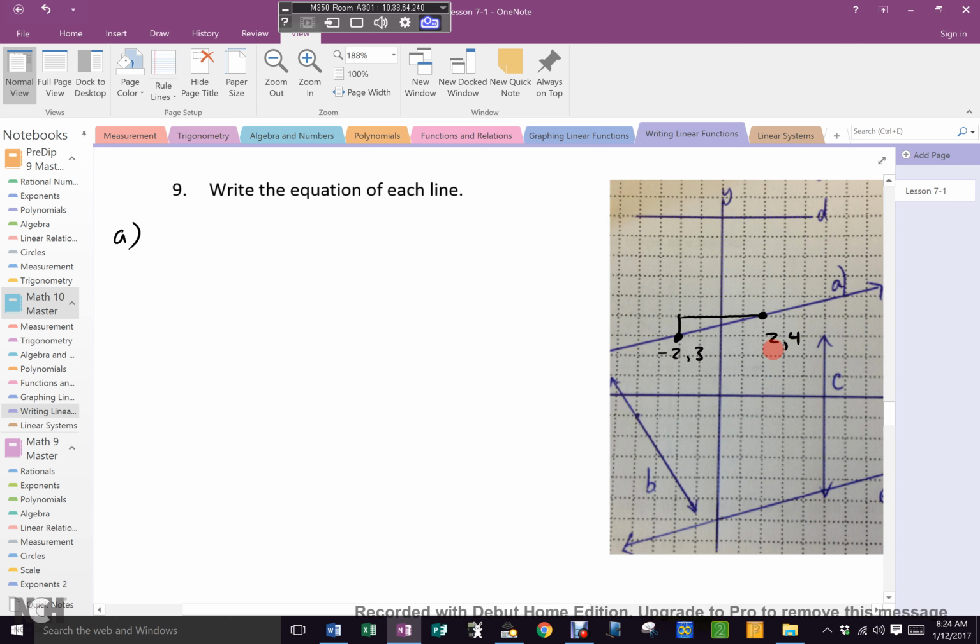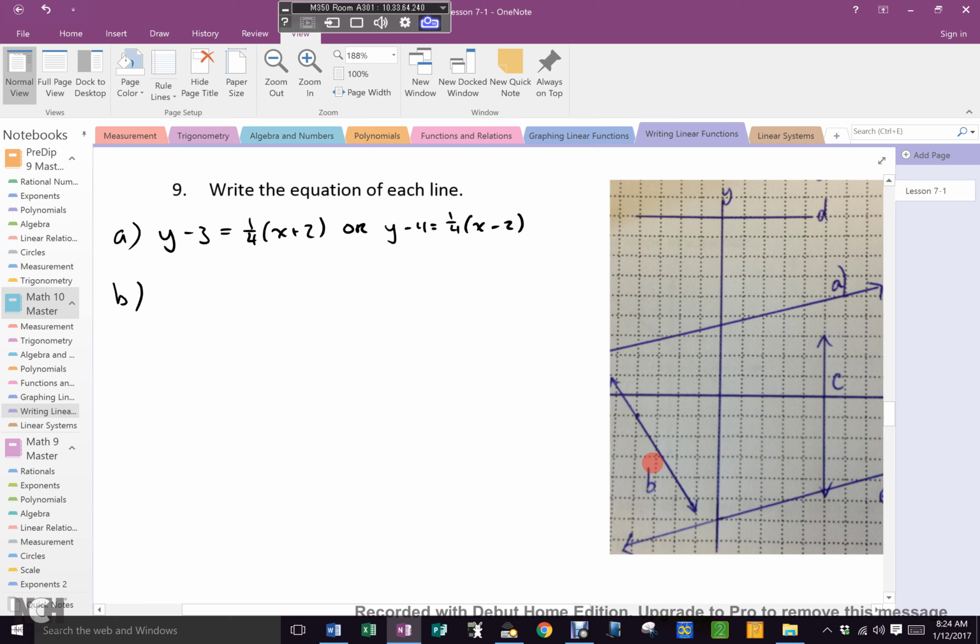I can use either of them, can't I? So it's going to be y minus 3 equals 1/4 x plus 2, or y minus 4 equals 1/4 x minus 2. Does everybody see how that works? Yeah? Okay. Now, I'm only erasing because the graph gets really messy if I try to do all 5 of them on the graph.